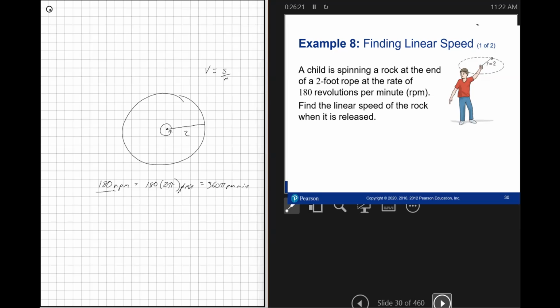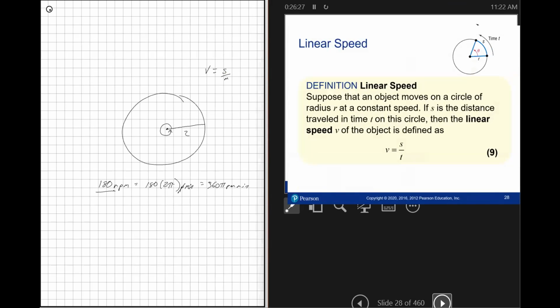Well, oh no, I lost the formula. So S over T, and S is R theta. And so 2 times 2 pi. So now I have to multiply this by 2, because it's 180 times 2 times 2 pi per 1 minute.